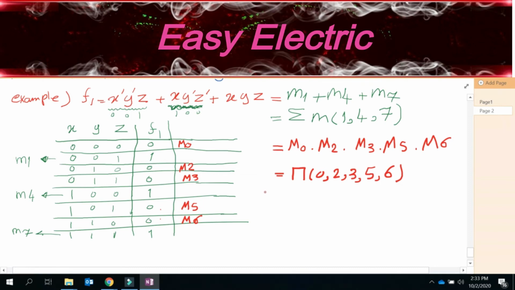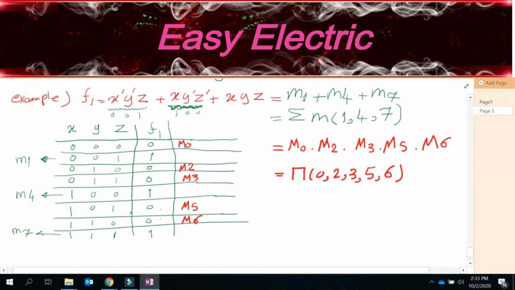So let me summarize that for you. Whenever you have the truth table of the function, you could write that function in Boolean algebra based on the sum of the minterms or the product of max terms.